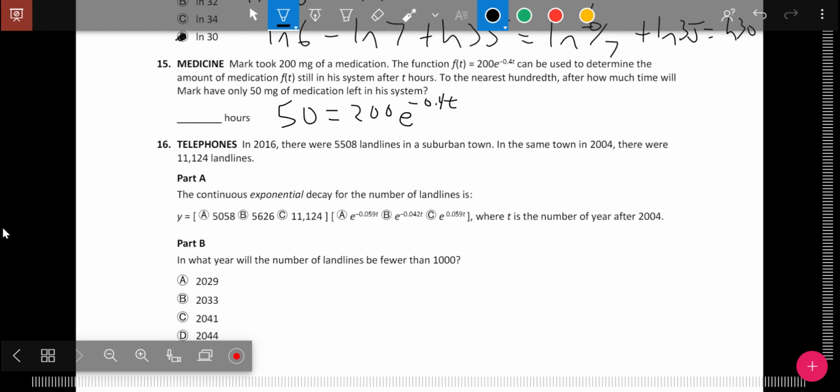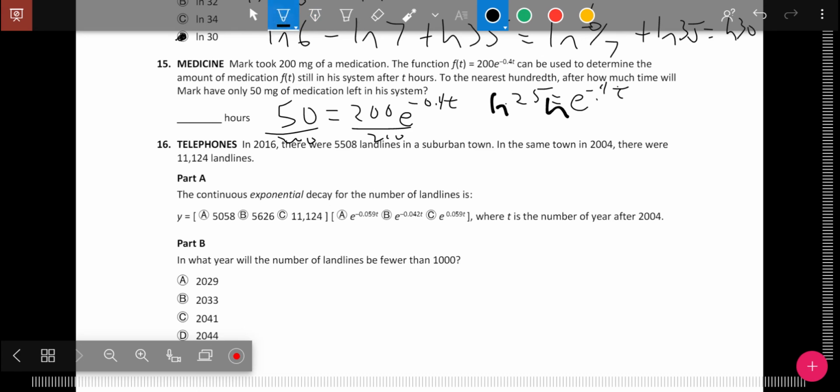And so the first thing I have to do before I can log both sides is get the e by itself. So I have to divide by 200. So I divide both sides by 200. 50 divided by 200 is 0.25, equals e to the negative 0.4t. Now I can ln both sides.